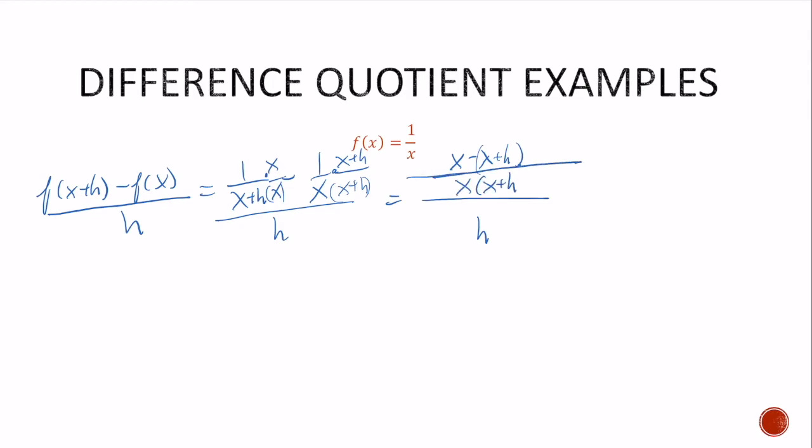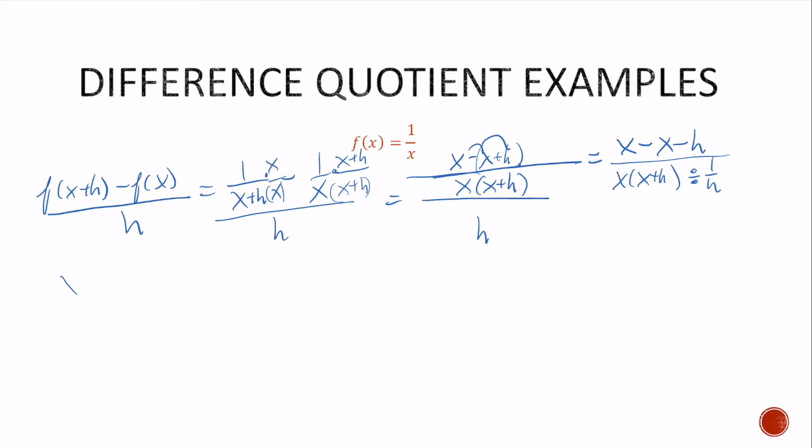So much division going on. That gives me x minus x minus h, because we distribute that negative, over x times (x plus h). Let's rewrite this instead of divided by h, as divided by 1 over h. We're pulling out that fraction.